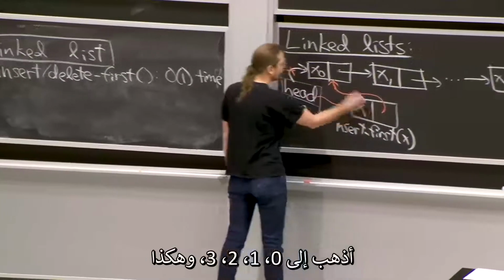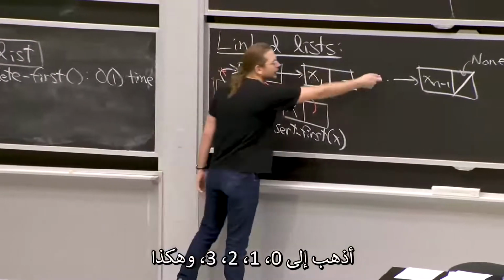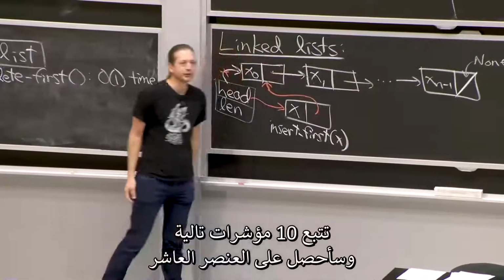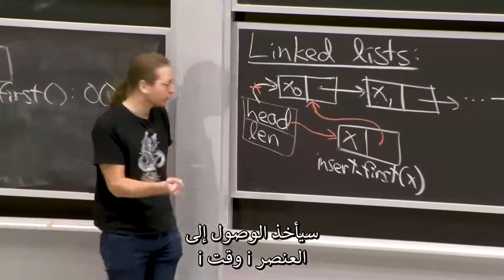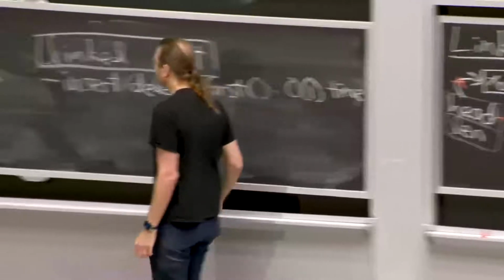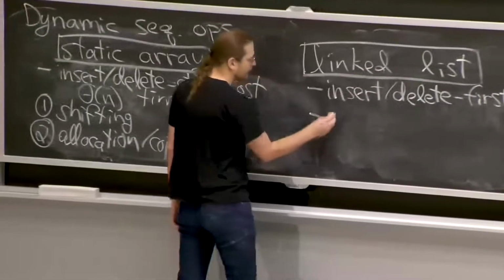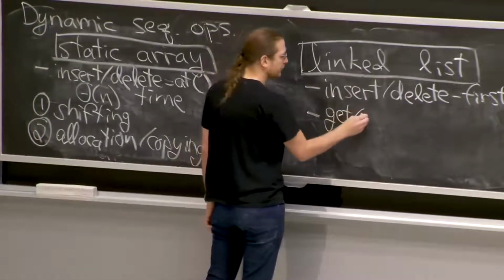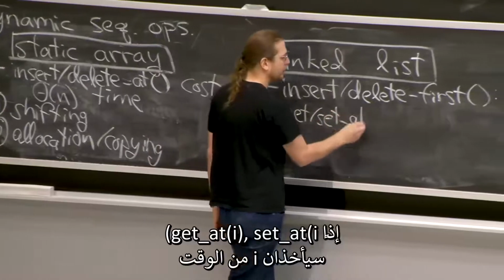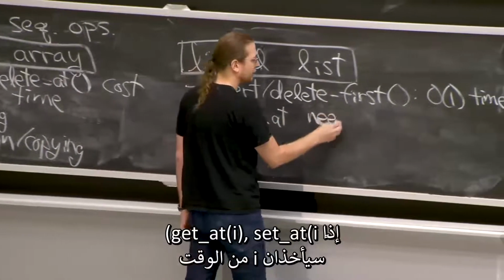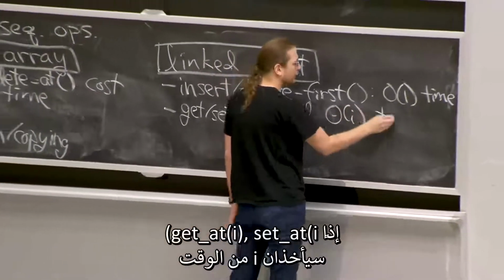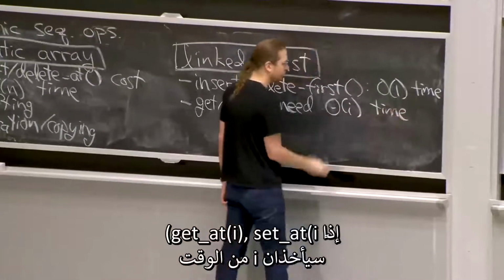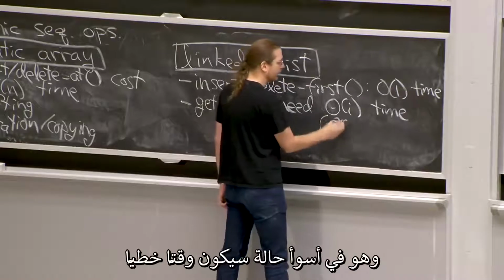I go 0, 1, 2, 3, and so on. Follow 10 next pointers, and I'll get the 10th item. Accessing the ith item is going to take order i time. So get at and set at need i time, which in the worst case is theta n.